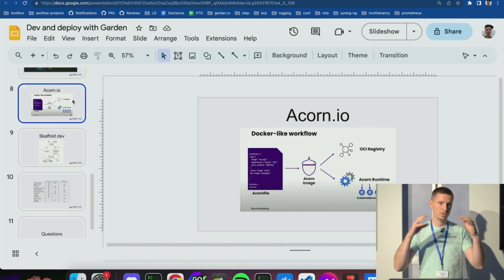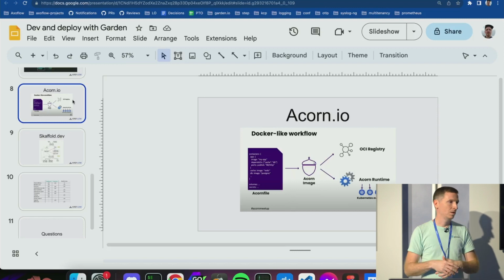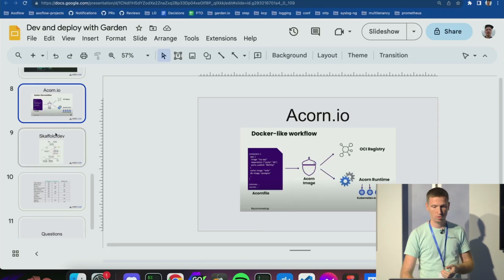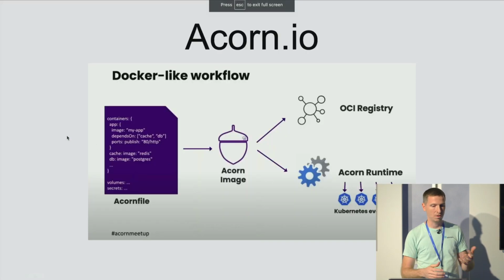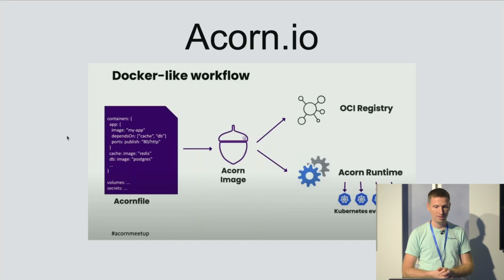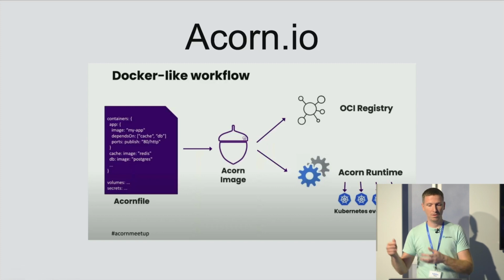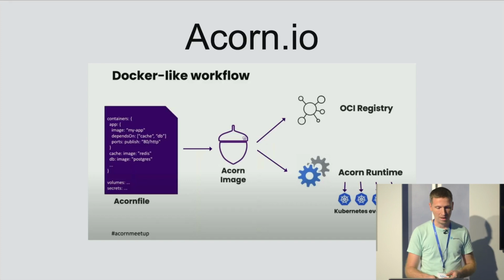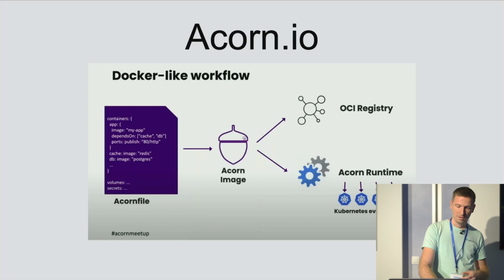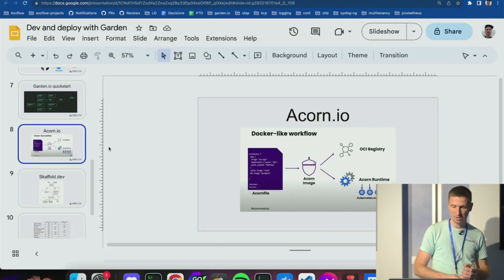So it packages up your images, but also the configuration of the application, which is described in a single file called the Acorn file. So all the containers and the stuff, and it requires a runtime on the Kubernetes cluster, so it's not for free. And again, they have a cloud offering so that you can leverage it.